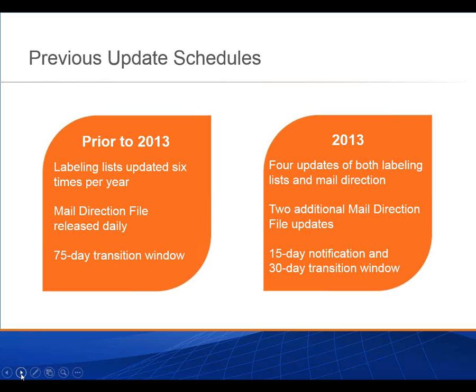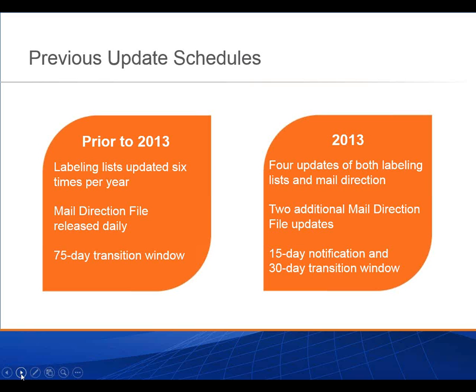We ended up transitioning from 6 updates per year of the label list to just 4. And those 4 occur on the first month of every quarter. Also, for the mail direction file, everyone agreed that having daily releases was not a good way to work.